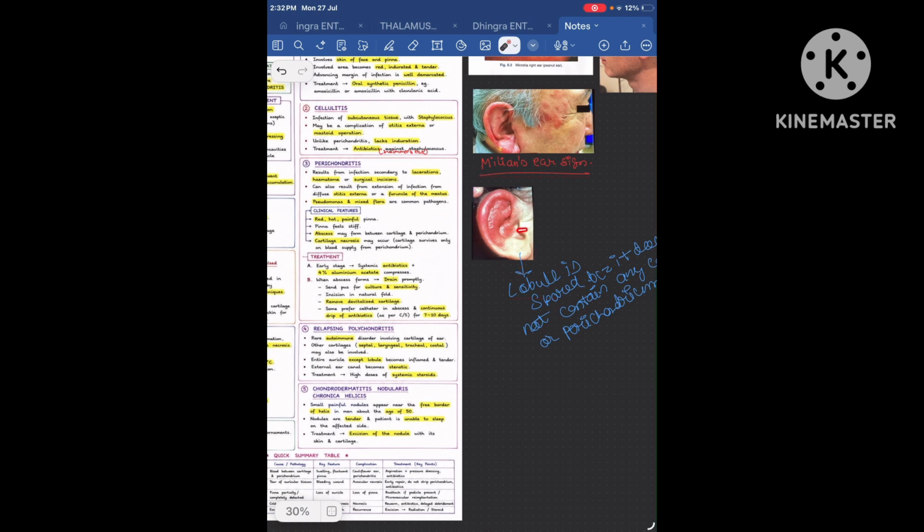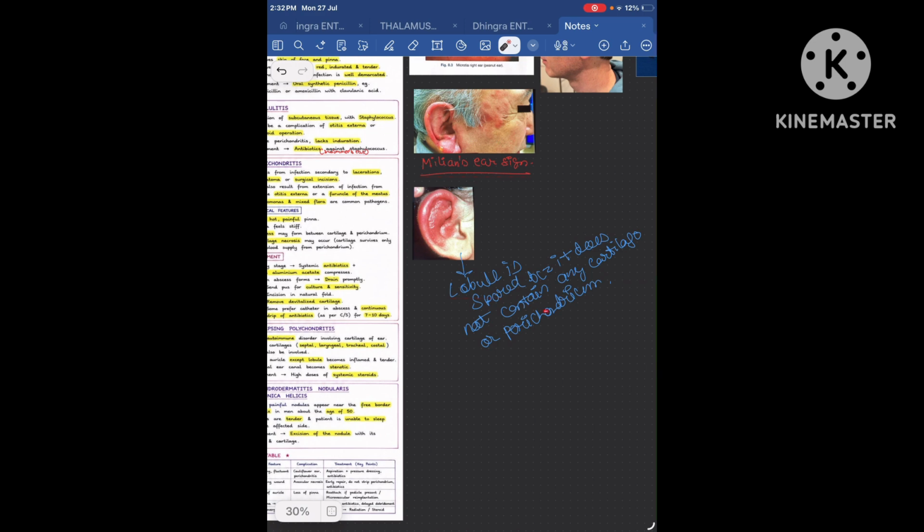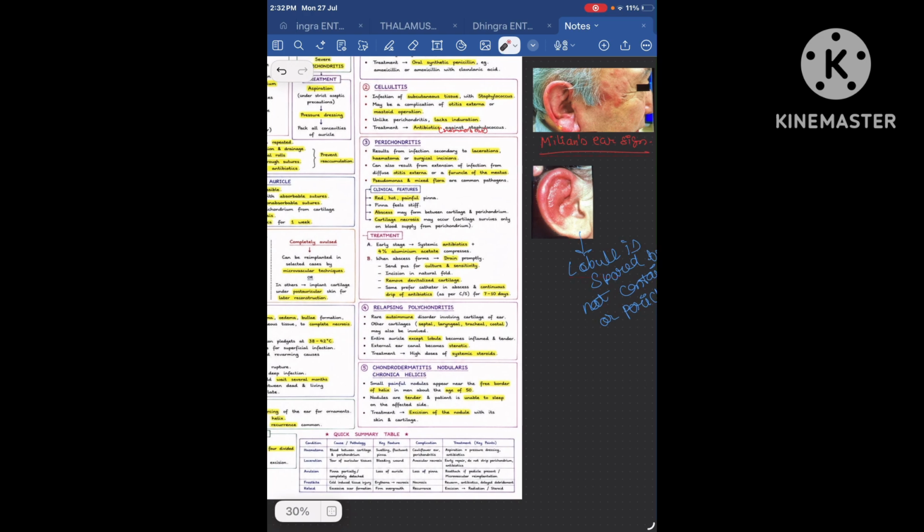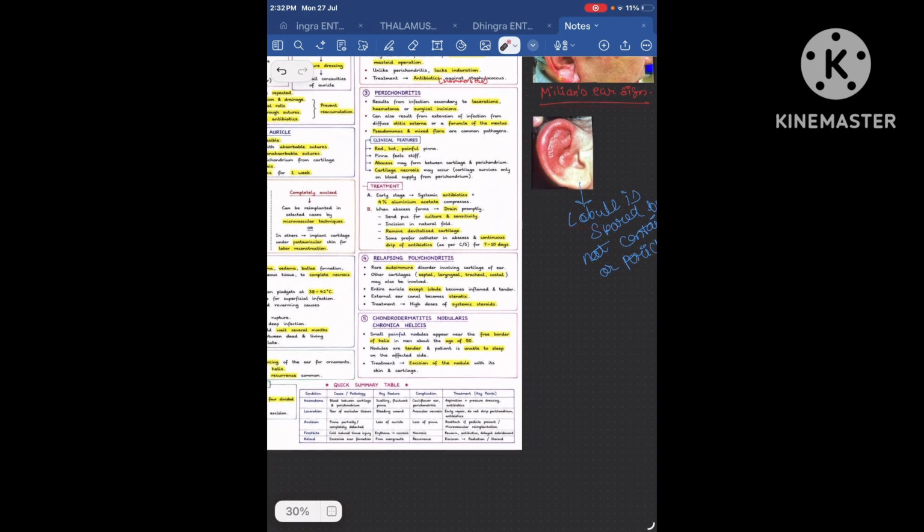Why is the lobule spared? Because perichondritis happens on the cartilage, and the lobule is spared because it does not contain any cartilage or perichondrium, as I told you in the external ear part.